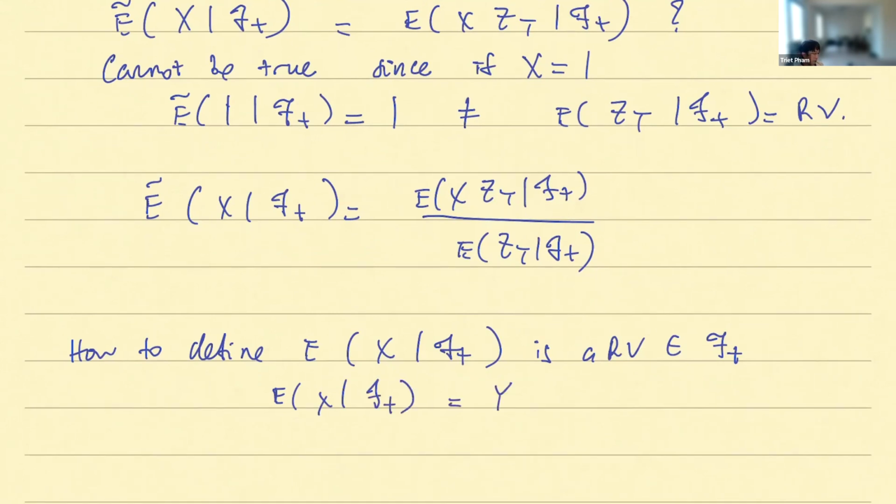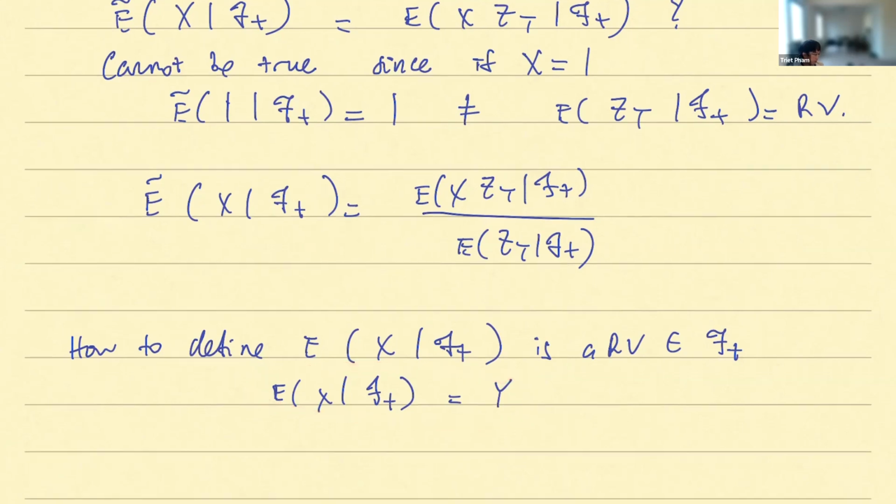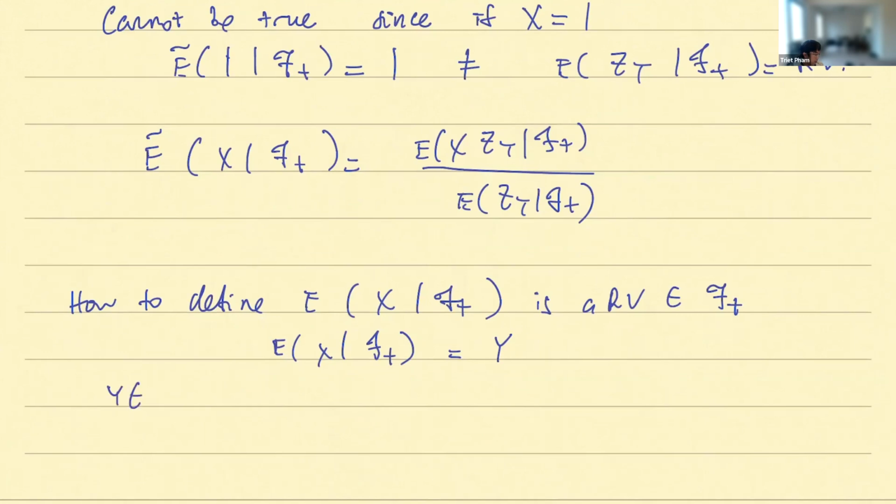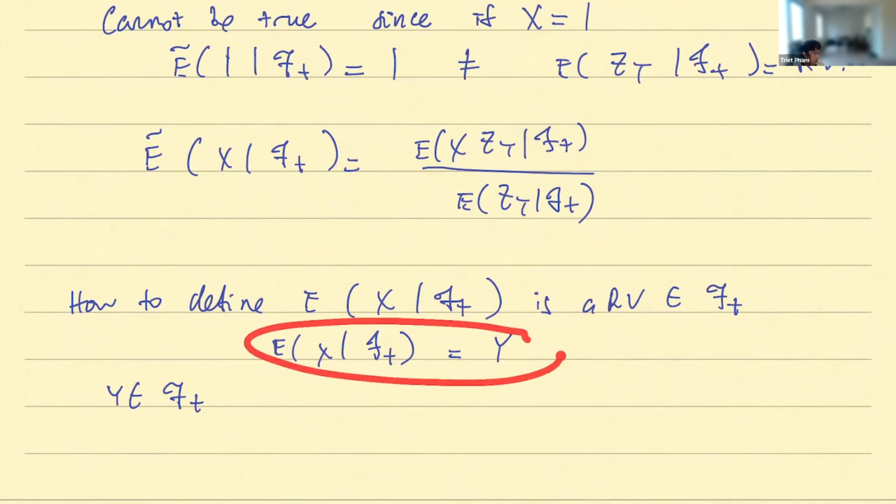What does this do? First of all, like we said, it must be based on the sigma algebra. But second of all, it will be the best mean square estimate, keyword mean square.